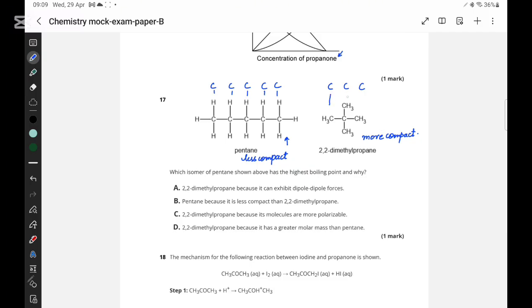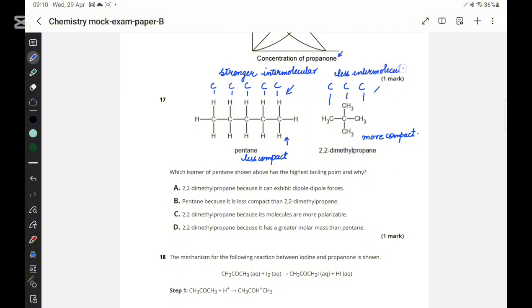So pentane has more contact points and 2,2-dimethyl propane has fewer contact points. Because of more contact points, it is going to have stronger intermolecular force, and the other is going to have less intermolecular force.